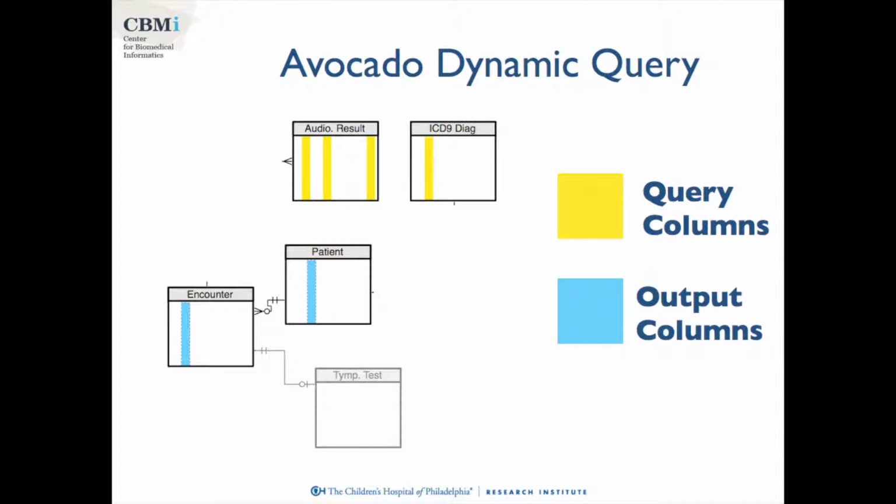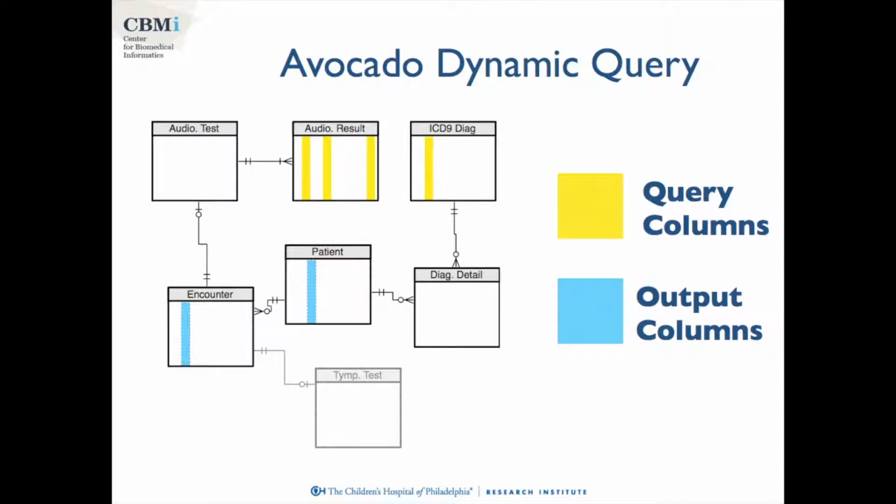Then Avocado can actually construct the necessary joins between the tables in the database that allow it to traverse the whole data model and execute the query. This allows you to have interfaces that are very simple, because the end user doesn't actually have to know about these various data models, but at the same time, it gives you the flexibility of actually having a nice, clean relational database design.